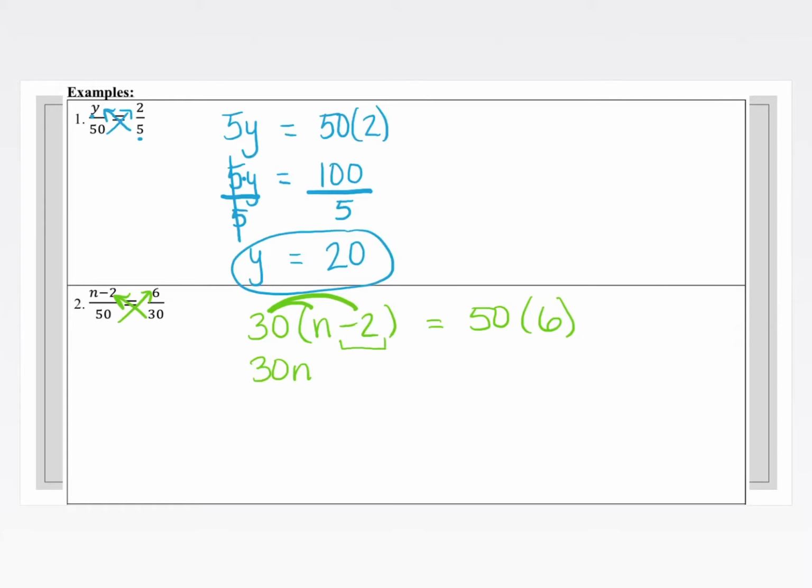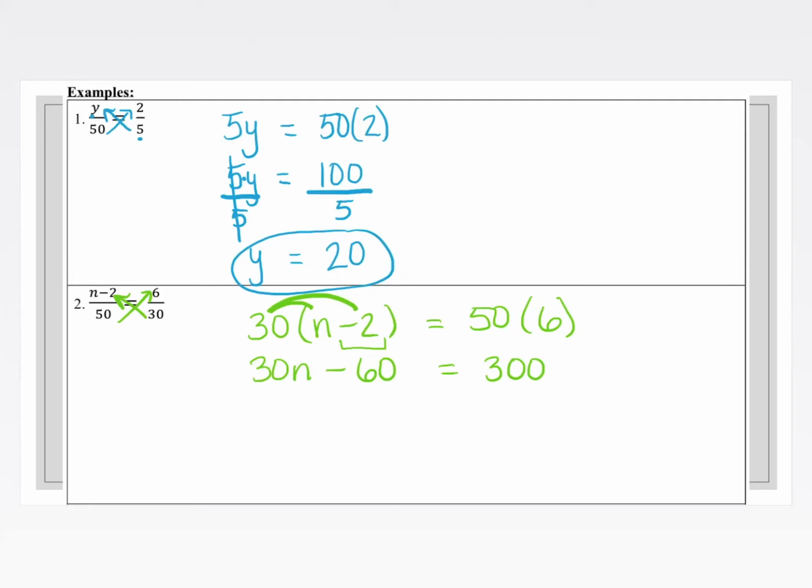Now make sure we keep that sign with that number. Whatever is in front of it is the sign that's associated with it. So 30 times negative 2 is negative 60. On the right-hand side, we have 50 times 6, which gives us 300.